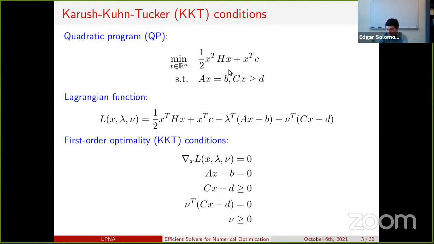One can also reduce general nonlinear optimization problems to quadratic programs of this type by methods such as sequential quadratic programming. So this also provides a pathway toward general nonlinear optimization.